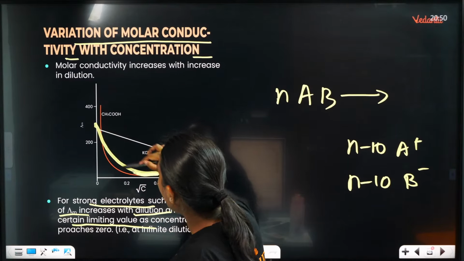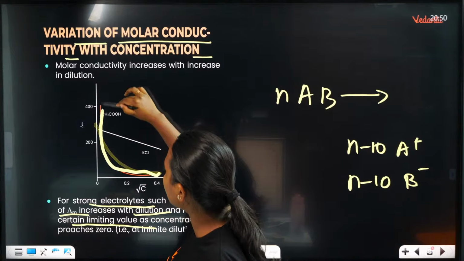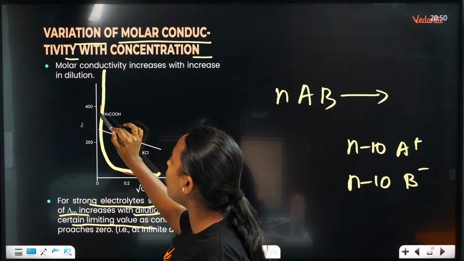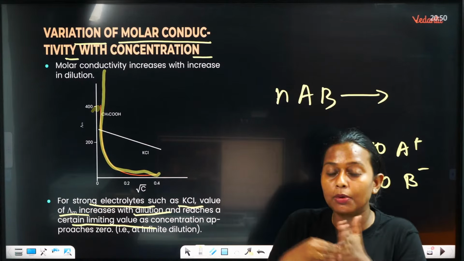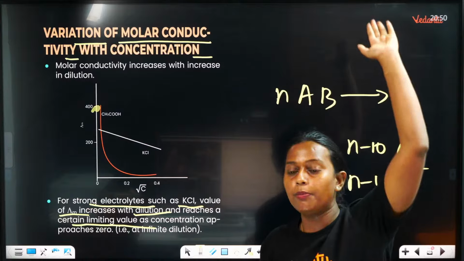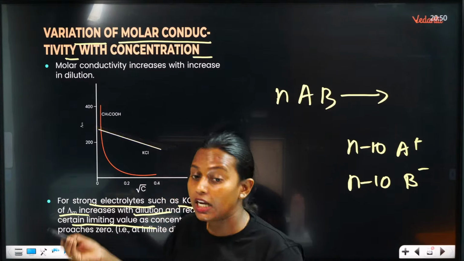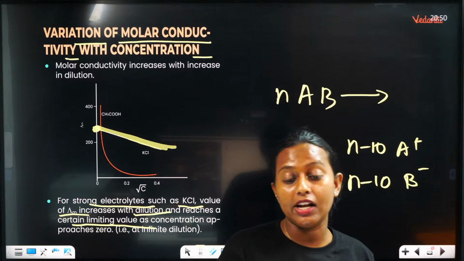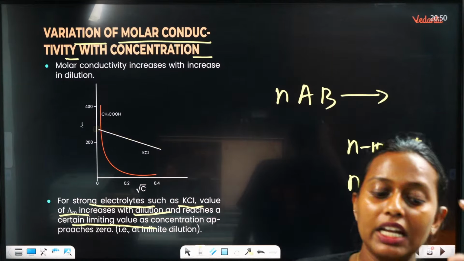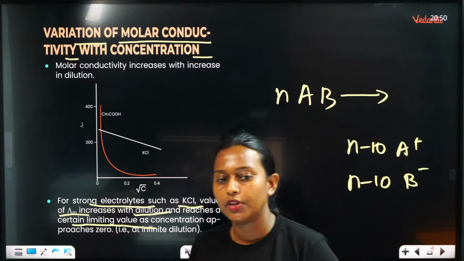Here you can see it keeps going up. There is no proper limiting lambda M; it keeps rising. But for a strong electrolyte, lambda M has a limit and reaches a point, which is the maximum lambda M. Clear?